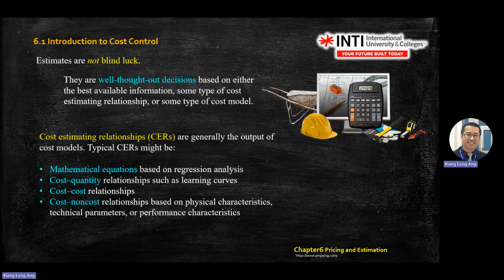There's a calculation there, but we are not interested in how to find the calculation. What you need to understand is that regression is how good the data fits your estimation line. Regression R squared. Then your y cost, x cost, cost quantity, cost non-cost. It depends how you plot it.